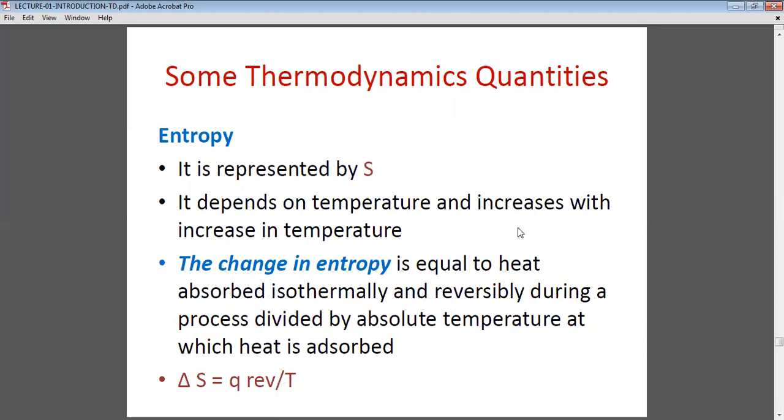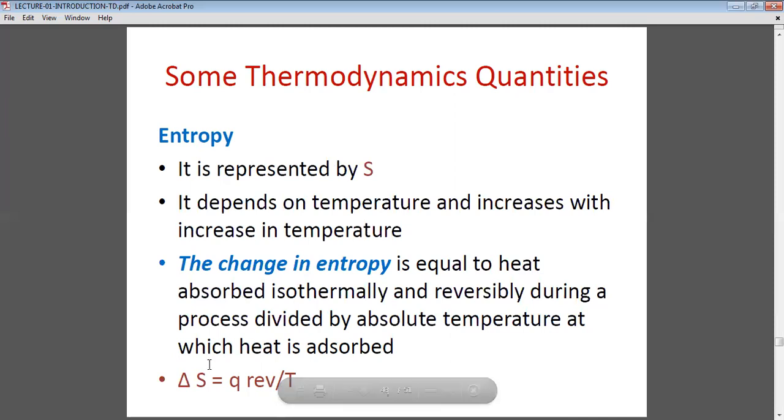Among the thermodynamic quantities, entropy is denoted with the letter S, and it depends on temperature and increases with an increase in temperature. According to the second law of thermodynamics, the heat transfer Q is equal to temperature times the change in entropy.